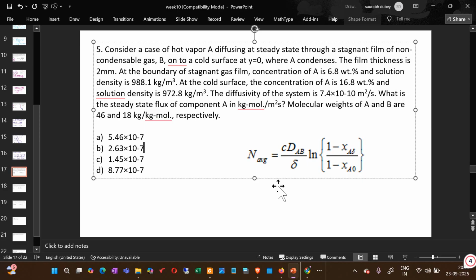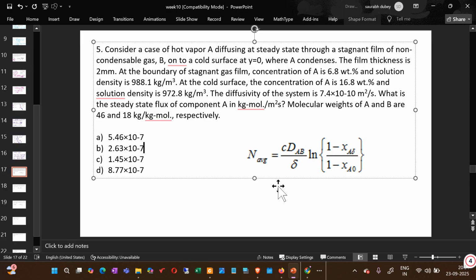The film thickness is 2 mm. At the boundary of the stagnant gas film, the concentration of A is 6.8 percent and the solution density is 988.1 kg per meter cube. At the boundary of the stagnant gas film the concentration is given, and on the cold surface it is given as well.